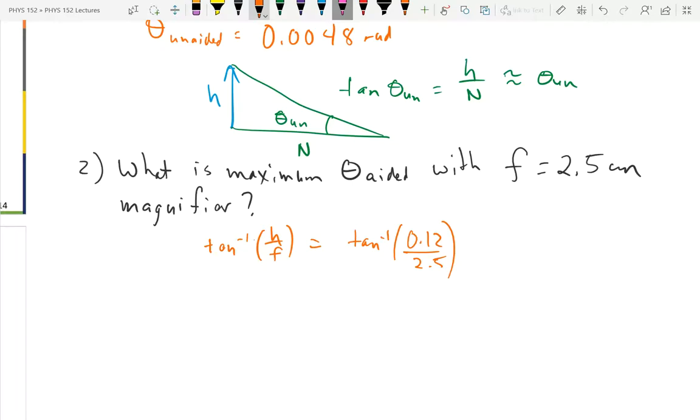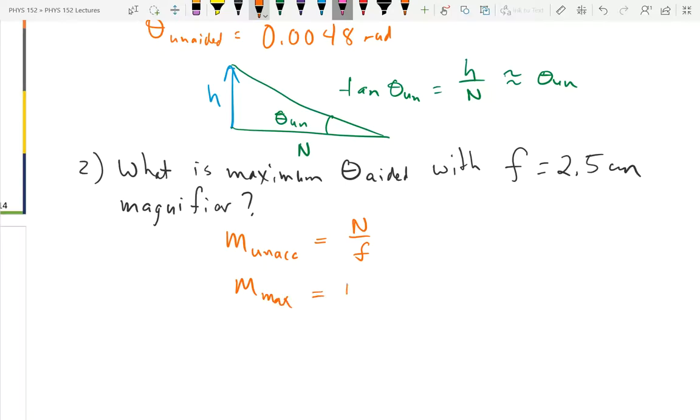I just wanted to see in case you'd done something that was mostly right and I could point to it quickly. What we've just worked out is that the magnification for unaccommodated vision was equal to N over F, and the maximum accommodated magnification was equal to N over F plus 1.